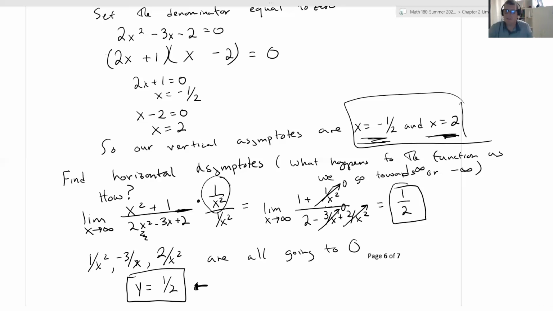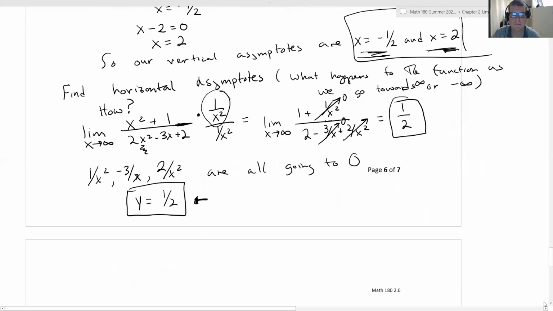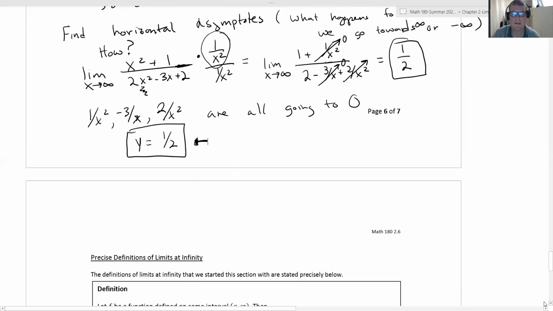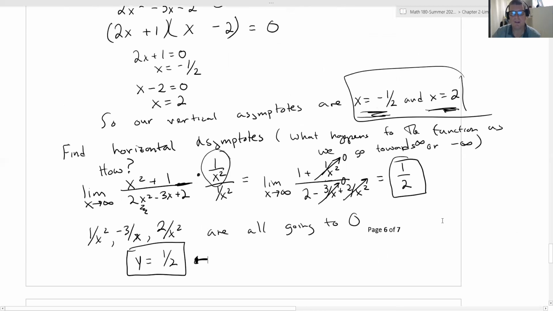Just say this one's a vertical, this one's a horizontal. Okay. Any questions on that? We're going to do a couple more of these, and then hopefully we'll hop into some derivatives.